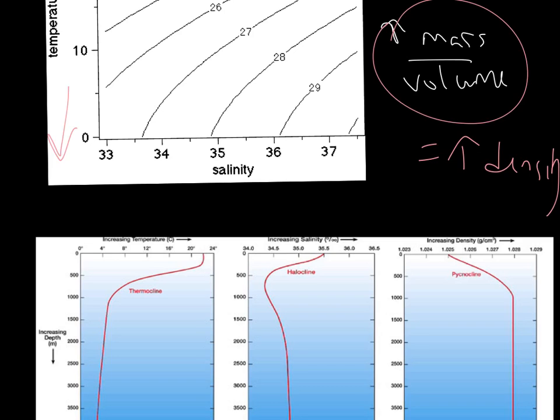As you can see here along the 27 line, you can have a volume of water that is very salty and warm have the same density as something that's very cold but fresher.